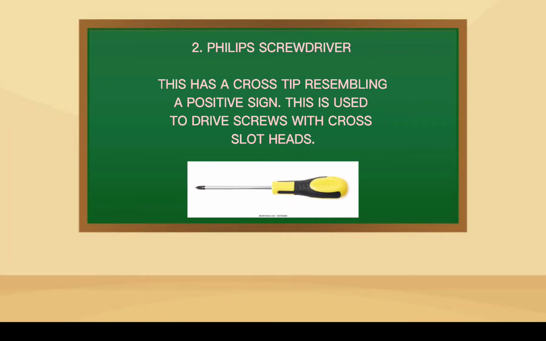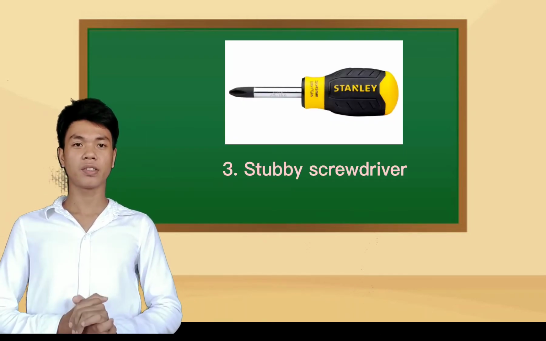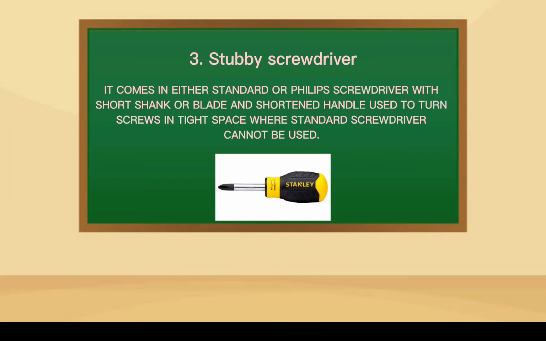This is used to drive screws with cross slot heads. Number 3. Stubby screwdriver. It comes in either standard or Phillips screwdriver with short shank or blade and shortened handle used to turn screws in tight space where standard screwdriver cannot be used.